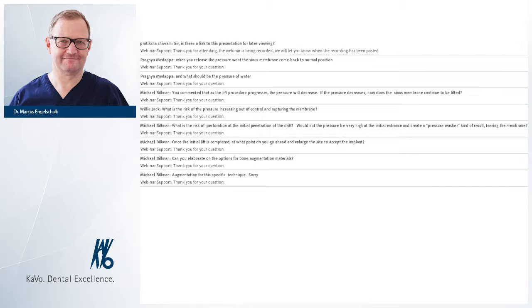Well, what is the risk of perforation at the initial penetration of the drill? Would not the pressure be very high at the initial entrance and create pressure washer kind of results, tearing the membrane? Well, the risk is very, very low, because if you have a look at the drill, it's very small, and you're just creating a small spot, and then the water will go everywhere.